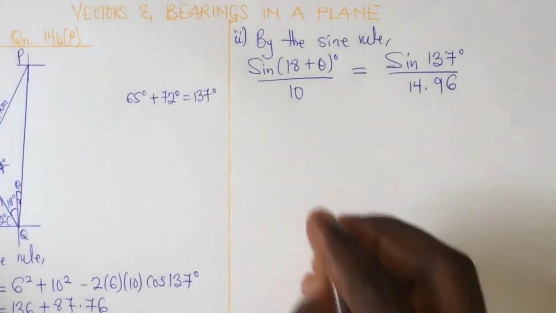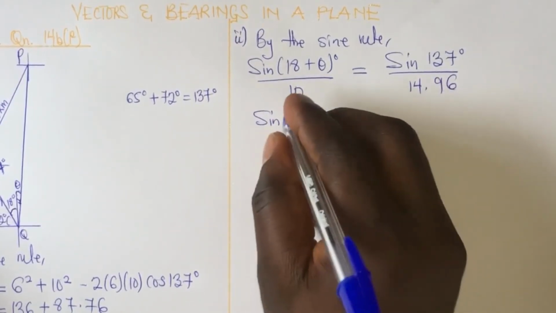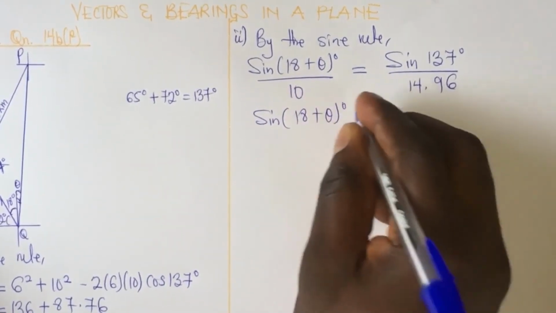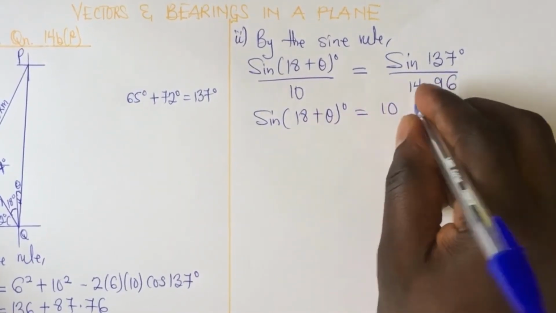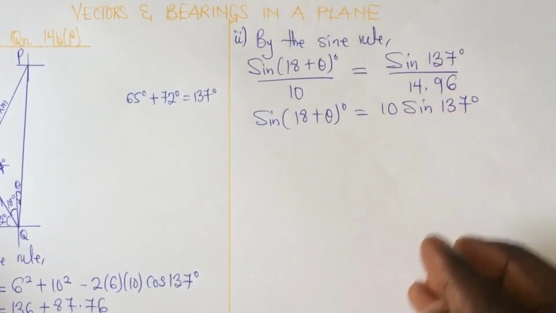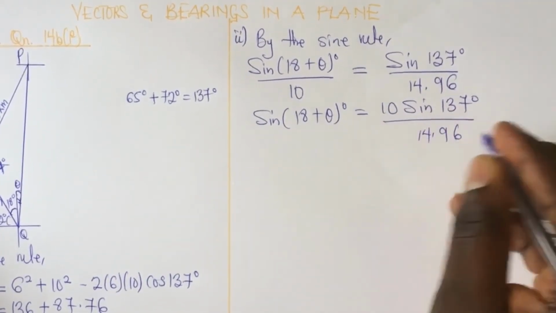All right, so we can do cross multiplication and get sine of 18 plus theta degrees is equal to 10 sine 137 degrees divided by 14.96.